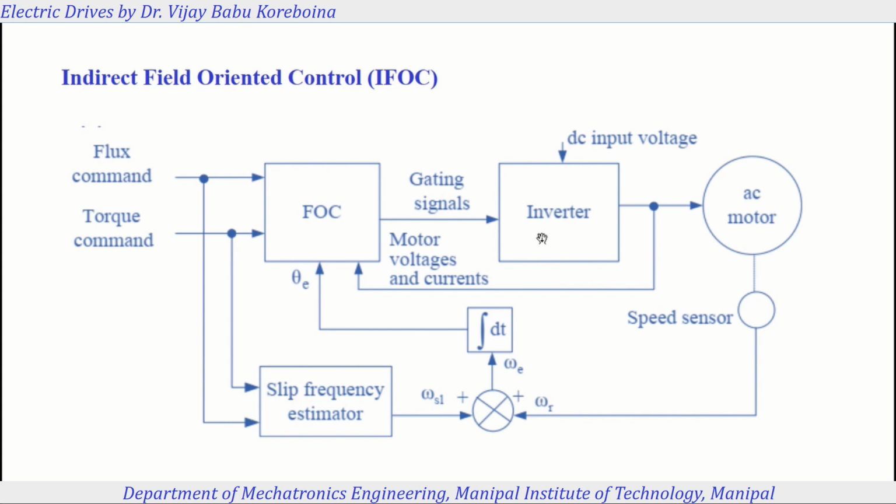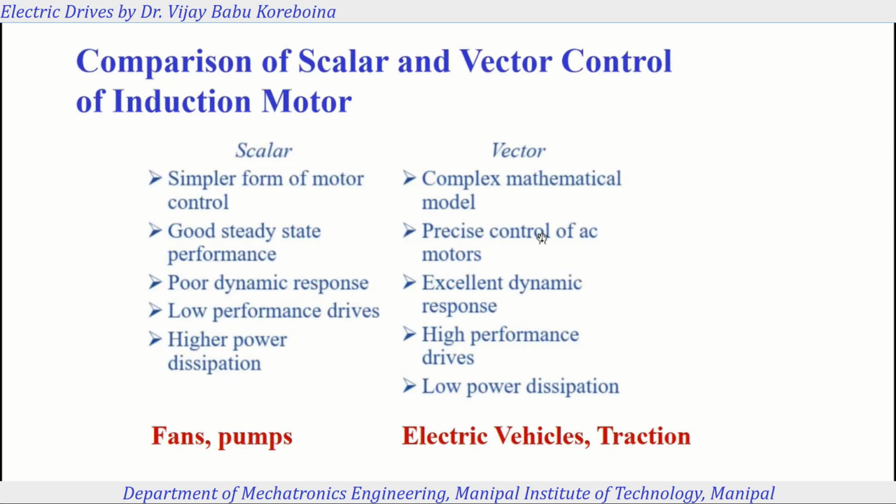So let's have a small comparison of scalar and vector control. Scalar control is a simpler form of motor control, and it is used for versatile applications, from simple applications like fans and pumps. It has good steady state response, but poor dynamic response is a drawback. It is a low performance drive with higher power dissipation.